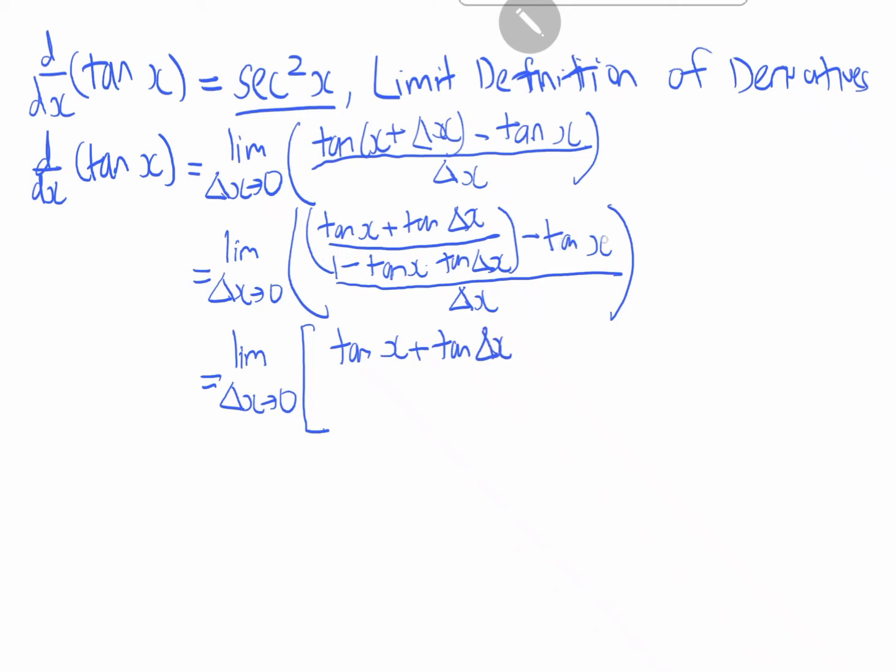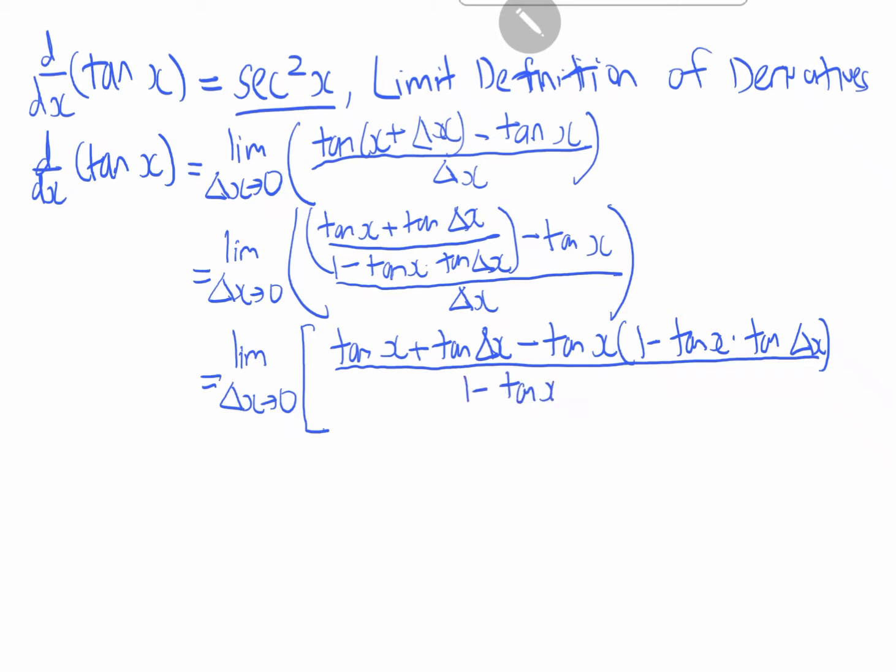We can join this together, so it's minus tangent x times 1 minus tangent x times tangent delta x over 1 minus tangent x times tangent delta x over delta x. So as you can see, now let's further simplify the fraction.